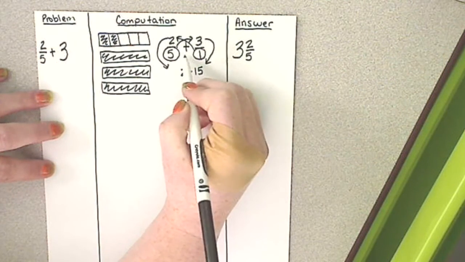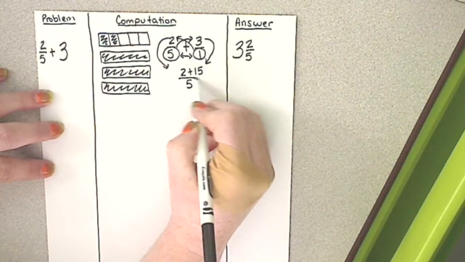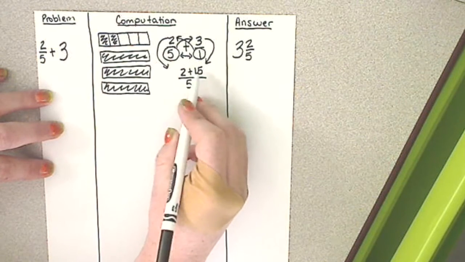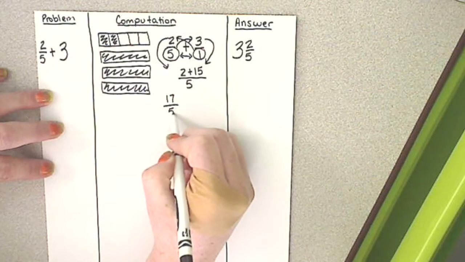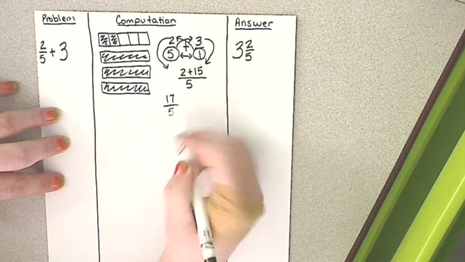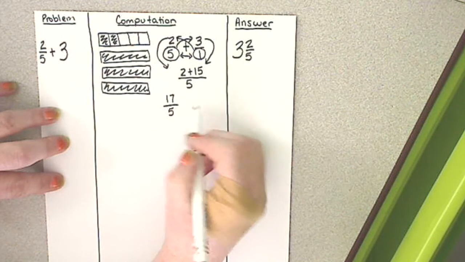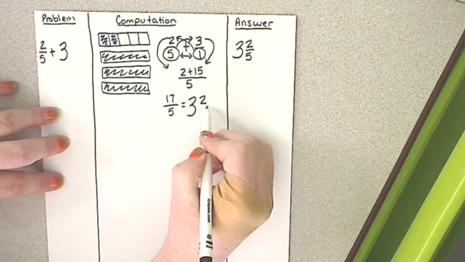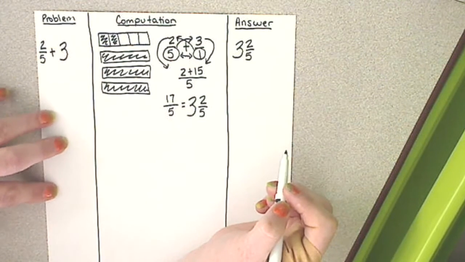We're adding. 5 times 1 is 5. 2 plus 15, sorry, is 17 over 5. And if I convert that into a mixed number, I know that 5 goes inside 17 3 times with 2 left over, for 3 and 2/5.